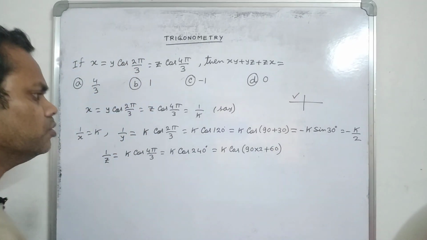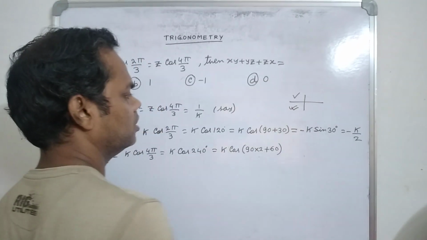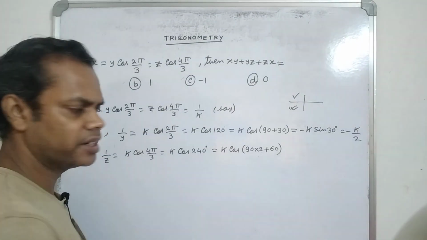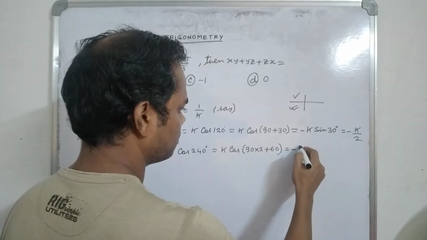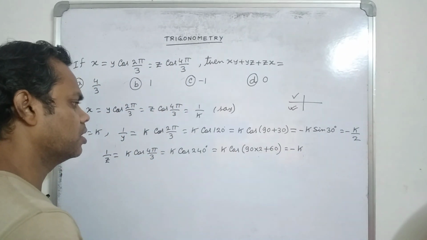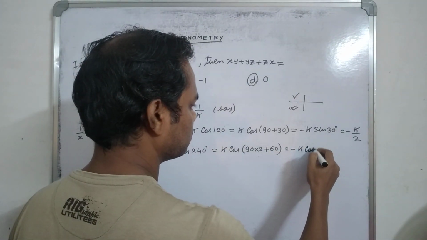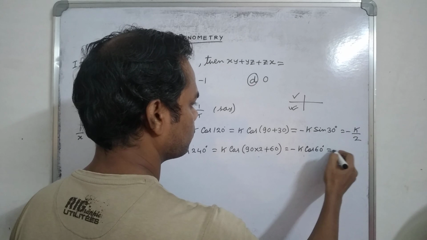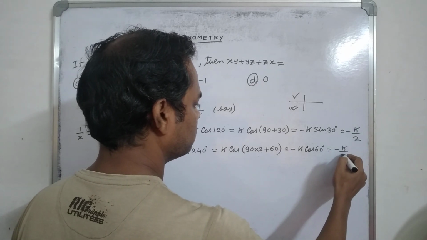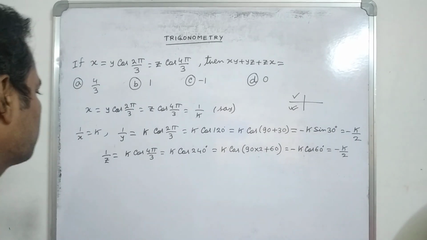So 90 into 2 plus 60 lies in the third quadrant. In the third quadrant, cos is negative, so this one is minus k. 90 into 2 is even, and for even, cos remains cos, so it becomes cos 60 degree. Cos 60 is half, so minus k by 2.